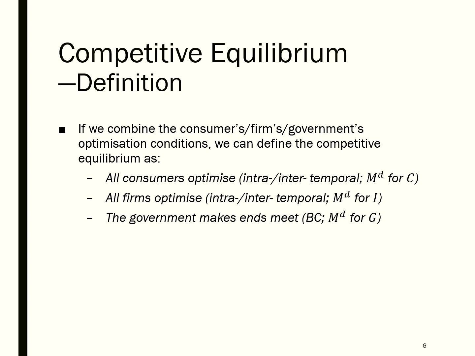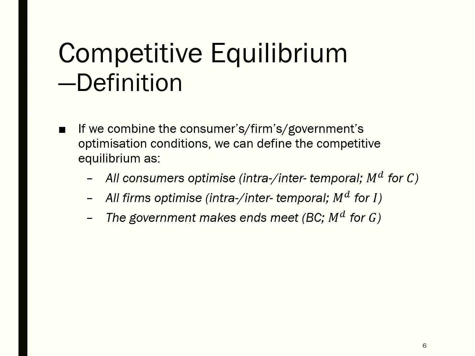Now let's move on to the second learning objective: how to derive the competitive equilibrium in such a monetary model. We still have three conditions to hold for competitive equilibrium, just like in the RBC model. The first one is all consumers have to optimize. That means all the intratemporal conditions and intertemporal conditions have to hold for the consumer.